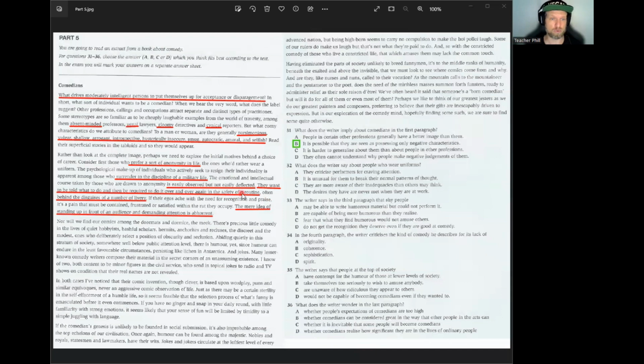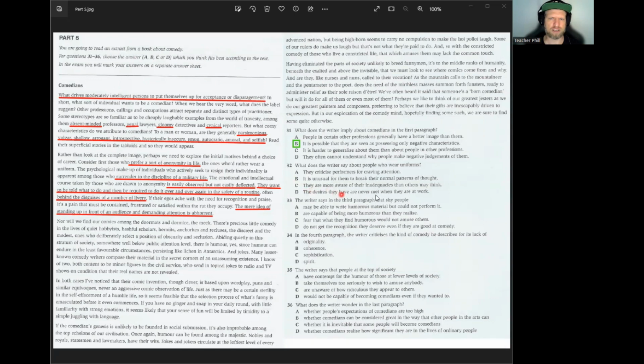It talks about the routine, that it's not easily deflected, that this discipline is not easily broken, or that this routine isn't easily changed. So that's an option, I think. They are more aware of their inadequacies than others may think. I don't think it really talks about this. No, I don't think so. I didn't find that.